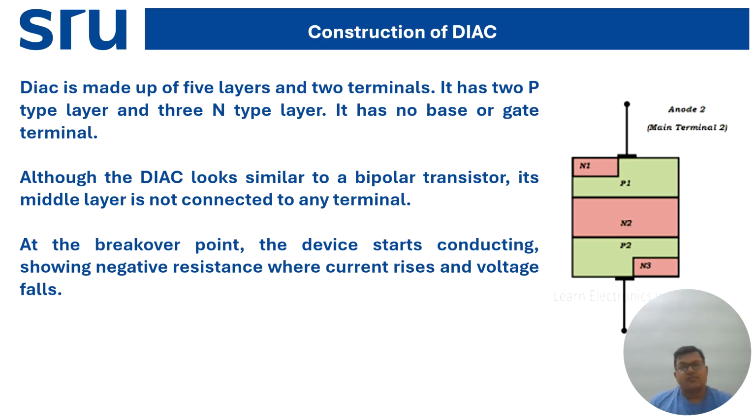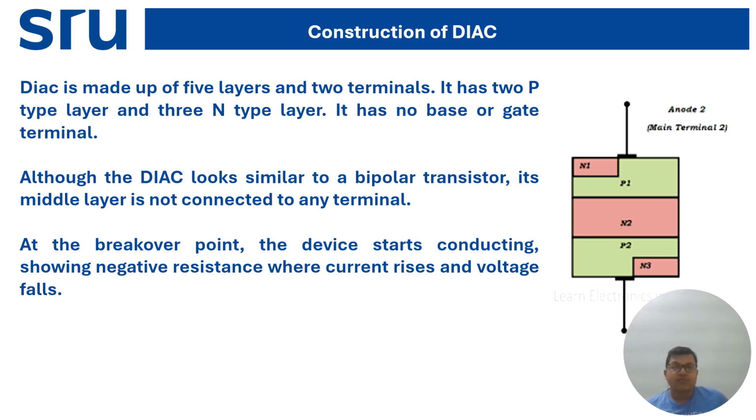Now we will see the construction of the DIAC. We can think of a comparison between TRIAC and DIAC. As you remember, for TRIAC it was 4 layers, 6 regions, and the gate control was connected to both the N-type region and P-type region.